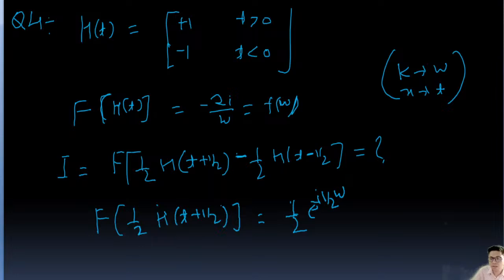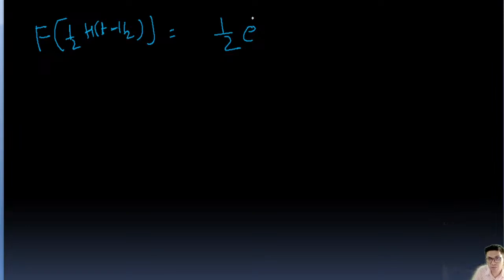Similarly, the Fourier transform of h(t minus half): again we'll use this shifting property, so this is going to be 1 by 2 into e to the power plus i by 2 omega.